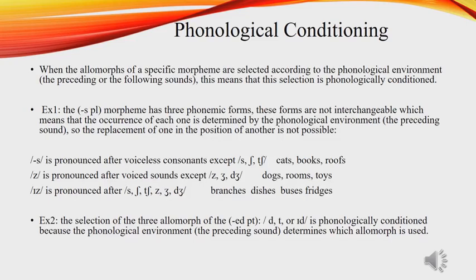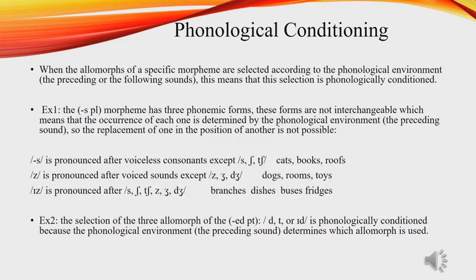So notice, in all of these words, the S plural is pronounced as /ɪz/. So in these three allomorphs of the S plural morpheme, we depend on the preceding sound, the sound that ends the noun. That is why we say that the selection of each one of these allomorphs of the S plural morpheme is phonologically conditioned because we depended on the preceding sound.